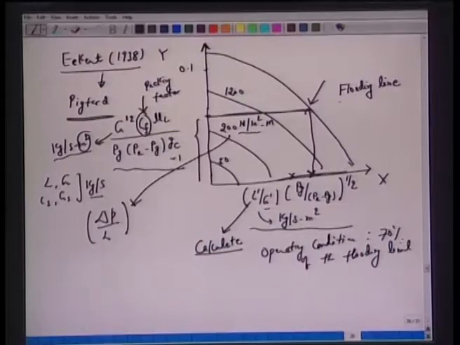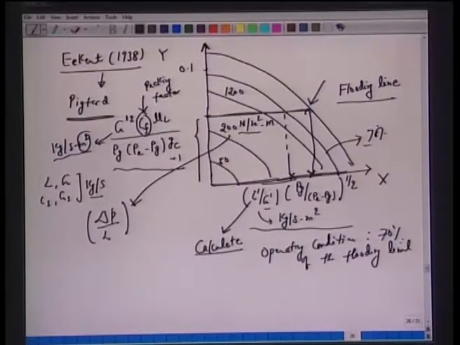So we are talking about this limit here. Now if we work on say 70% of this, say if this is 70% of the line, then one can calculate L prime and G prime. One can calculate this y axis here to work on this.